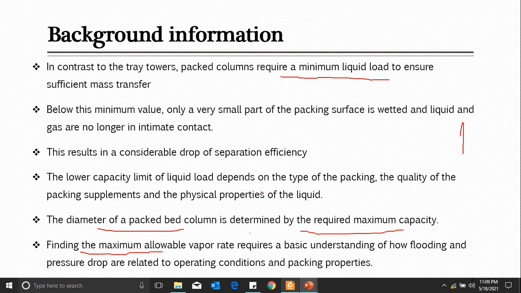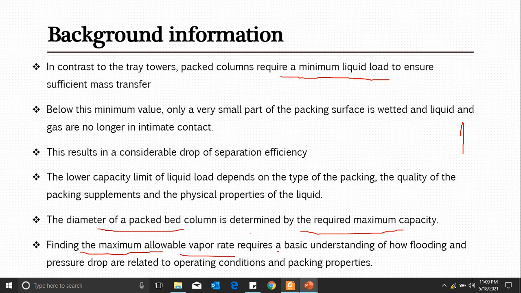All these points are for your brainstorming, so that you can get the idea that liquid hold up is something which is important, and that is linked with a number of parameters. It is also linked at the same time with the vapor flow rate, as it will affect the vapor flow rate inside the column.